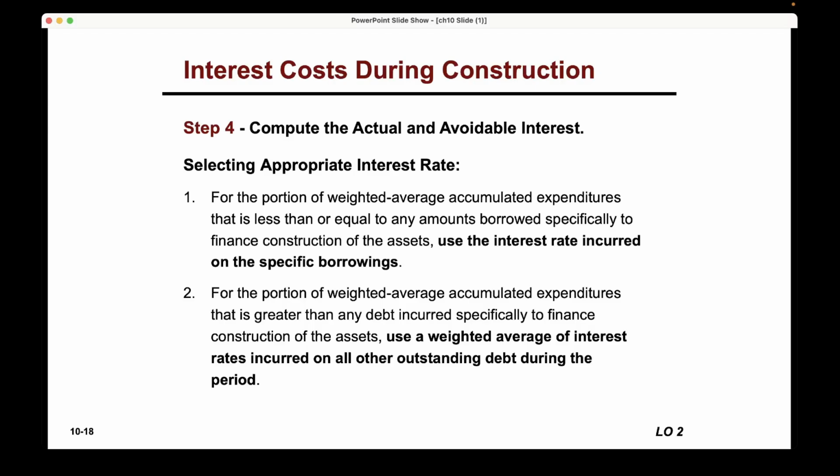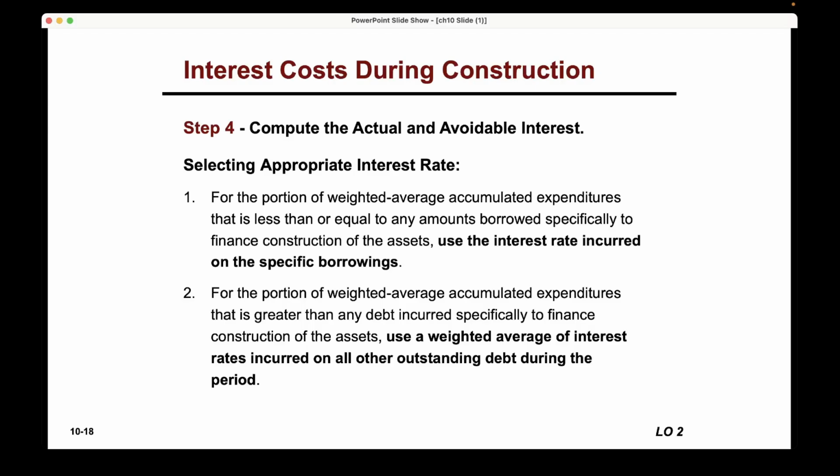Okay, so in the first point here, if the weighted average of the expenditure we obtained from the previous calculations is still up to the loan borrowed specifically, then we will use the single interest rate for that specific borrowings.